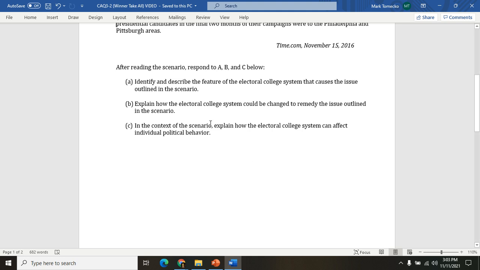Right? Before we leave part A, I want to point out something else. Now here it says identify and describe. Originally, this question just said describe the feature of the Electoral College system that causes the issue in the scenario.